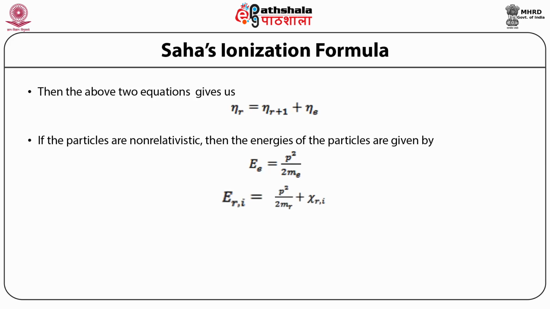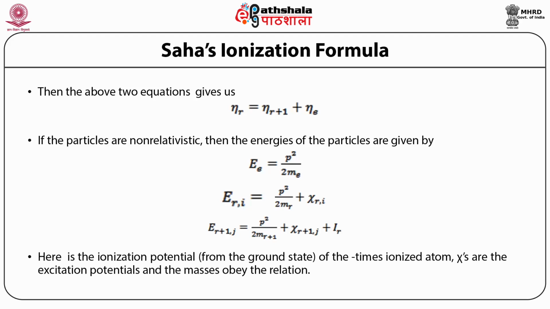Then E r comma i can be written as p square divided by 2 m r plus xi r i. Then we can also write E r plus 1 comma j equals p square divided by 2 m r plus 1 plus xi r plus 1 comma j plus i r.